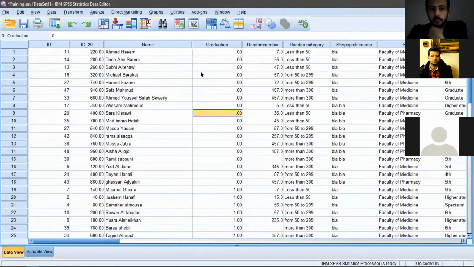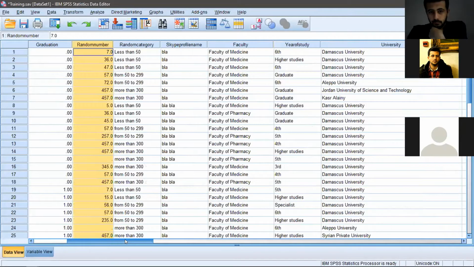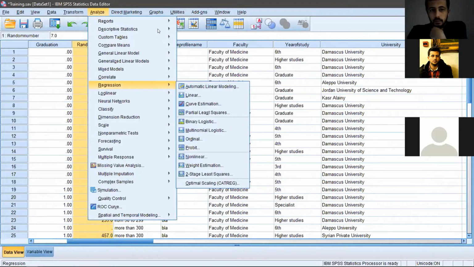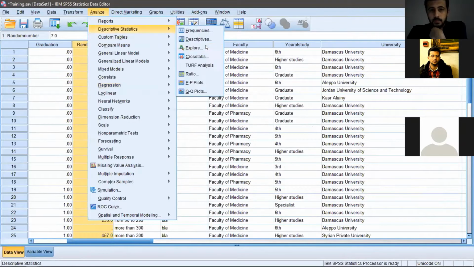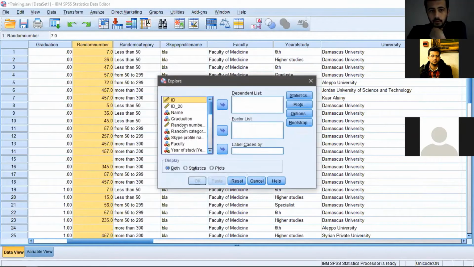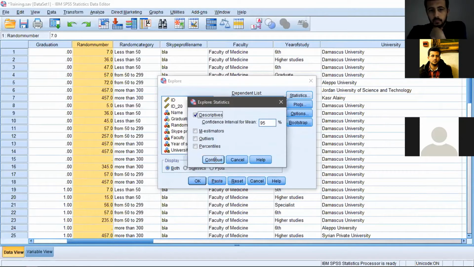Do you remember? If I want to test the random number for normality: Analyze, descriptive statistics, explore. Okay, this is the random number. I take it. Statistics, descriptive.